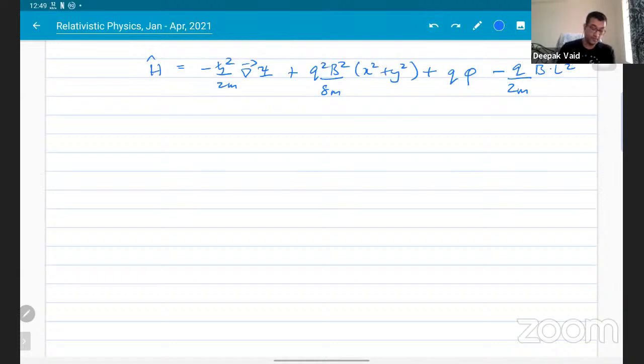Okay, and I put a hat on this L to indicate that it's an operator. And what is B dot L? B dot L is equal to B naught times Lz, right? Because B only has one component, that's along the z direction.